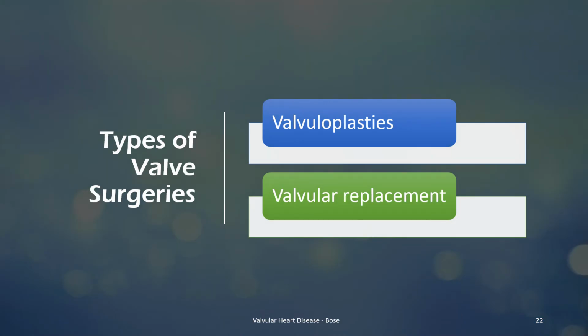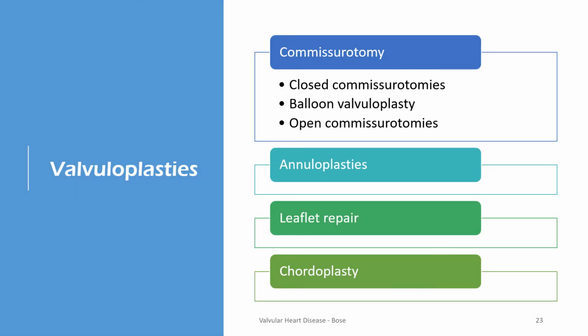There are two major types of valvular heart surgeries: the valvuloplasties and the valvular replacements. Valvuloplasties refer to repair rather than replacement of a cardiac valve. The type of valvuloplasty depends on the cause and types of valve dysfunction.